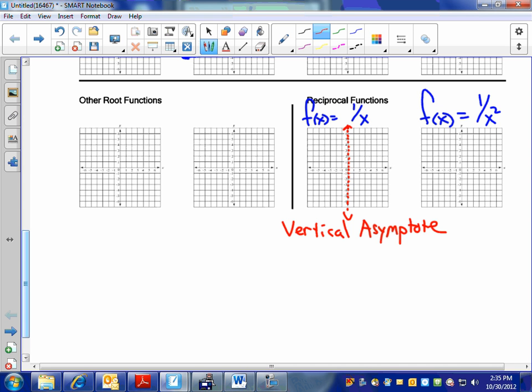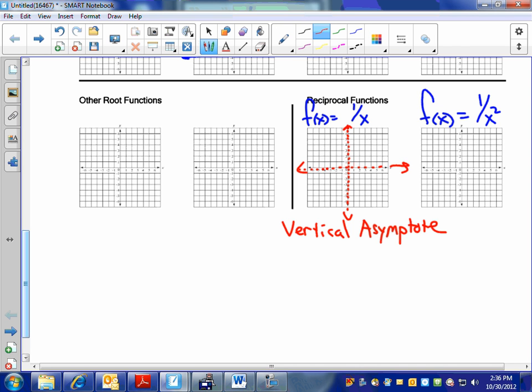Now, there is a horizontal asymptote as well. I want you to think about this very carefully. There's exactly one number in the output, in the range, that this cannot achieve. And it is 0.